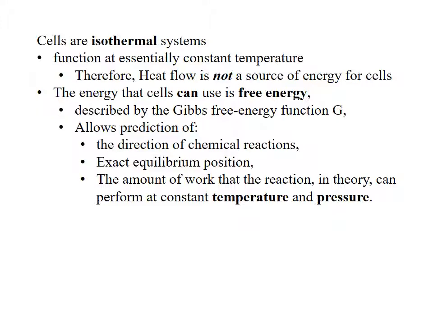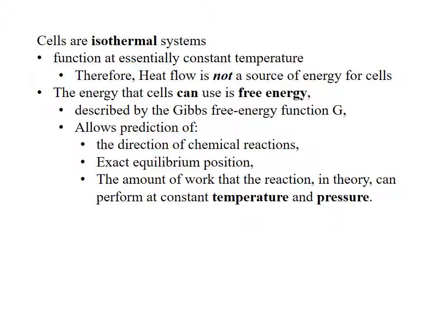So in cells or in living systems, it is the utilization of the free energy that is the main source of energy. It is described by the Gibbs free energy function, G. What does it give us?